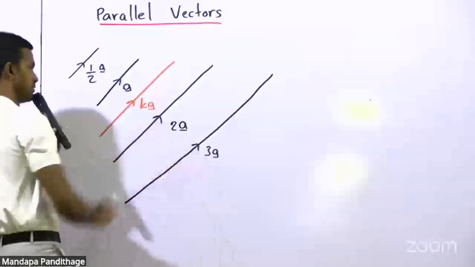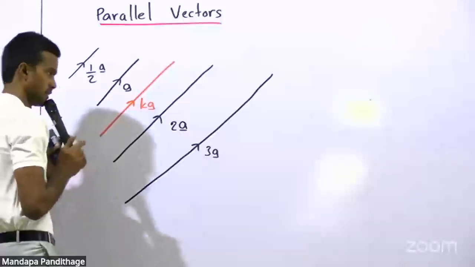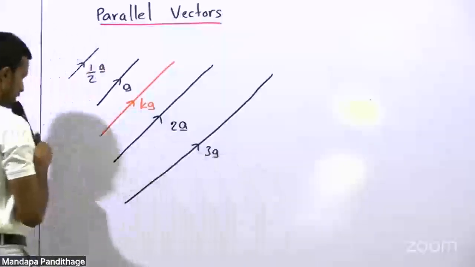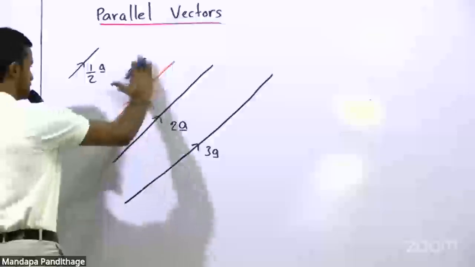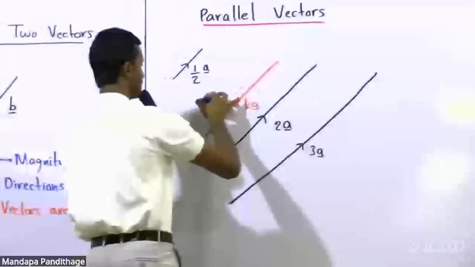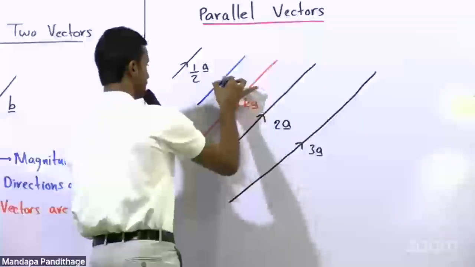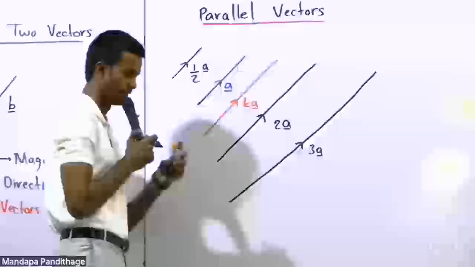Okay, then write down these examples. So A is the starting vector. So we have 2A, 3A. In general, we can consider Ka.